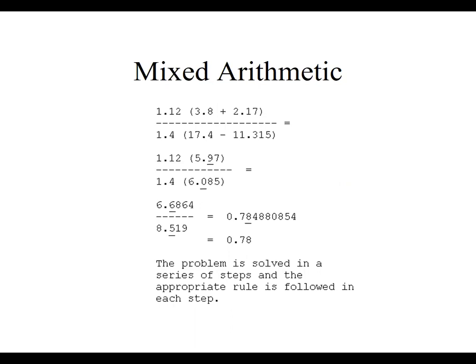But sometimes it does make a difference, and when it does, the better answer is always the answer you get without rounding the intermediate answers. So when I look at this calculation, of course, I'm going to go after the quantities in parentheses first, right? Parentheses takes precedence over everything.